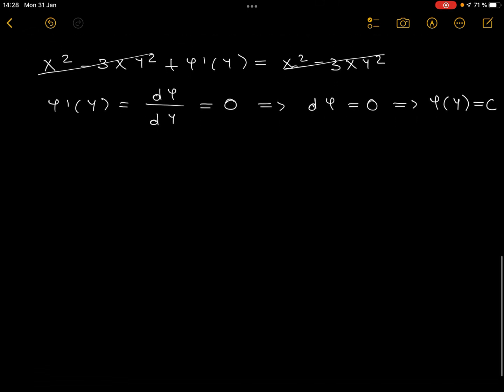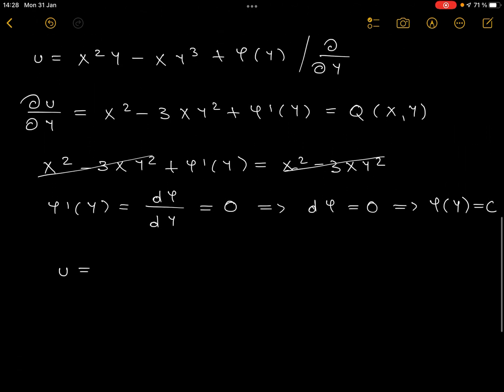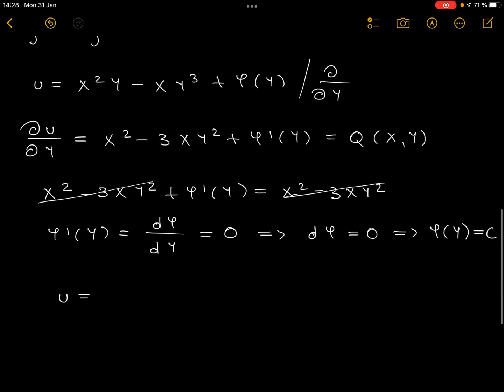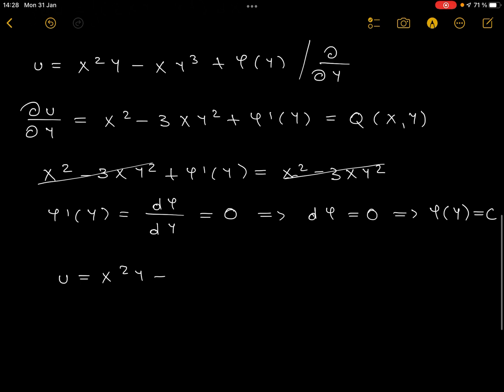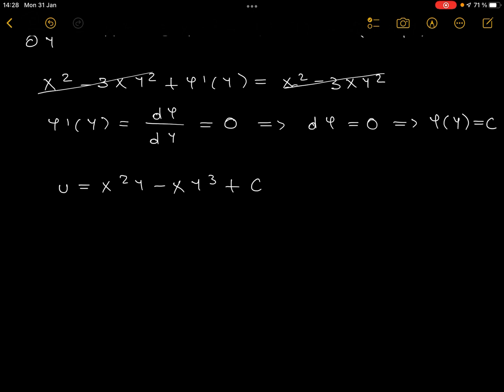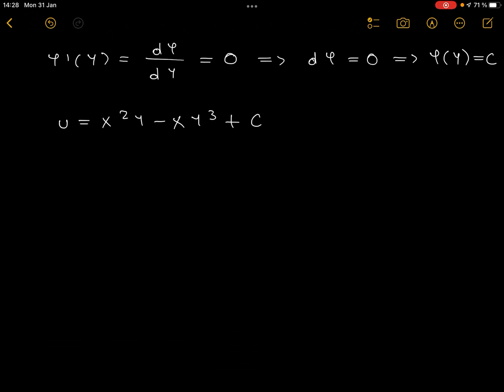Therefore, u, the function that we were talking about, is equal to x squared y minus xy to the third power plus c, or in other words, the solution to our differential equation is going to be x squared y minus xy cubed is equal to k, which would make k equal to negative c.